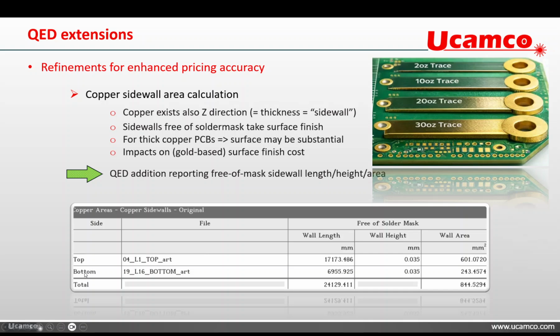So for the top and bottom layers, the outers, obviously, because it's free of solder mask, we will calculate the wall length. So that's the running millimeters, so to speak, of all these edges. So these Z items, the combined length of all of them, so that when you set up a copper thickness in one of the editors, like 35 micron, that will then be calculated to some sort of wall area.